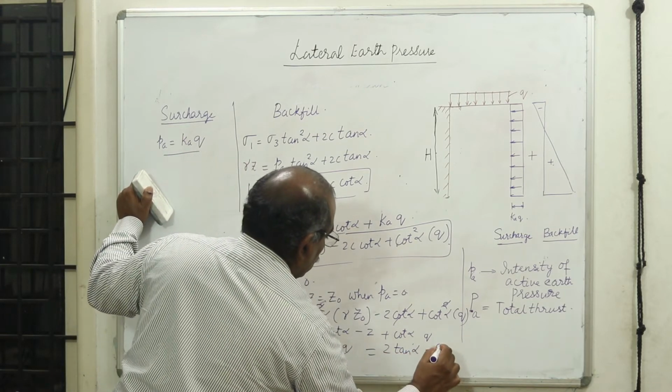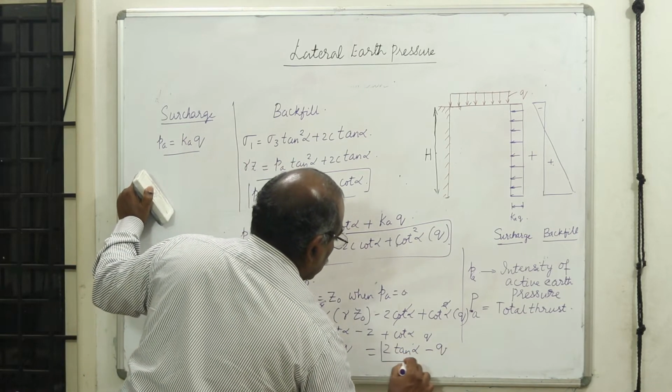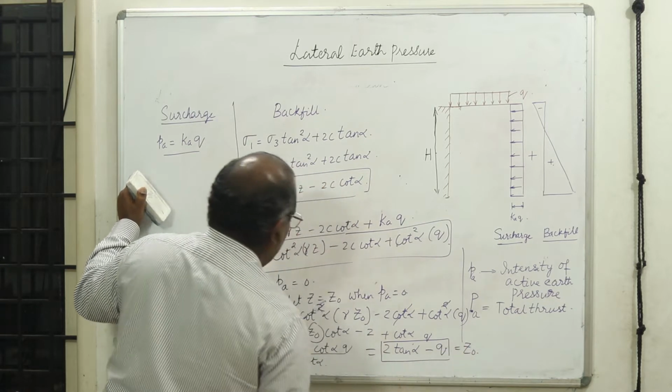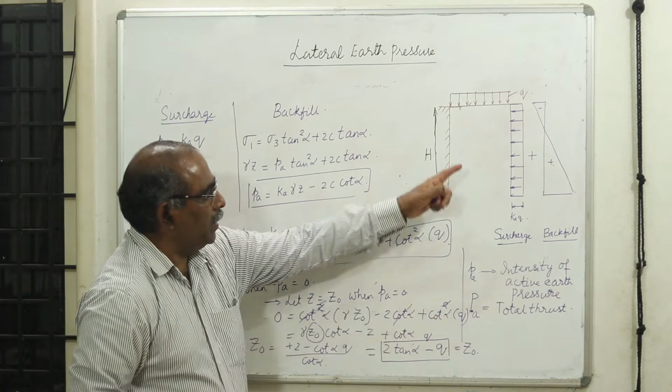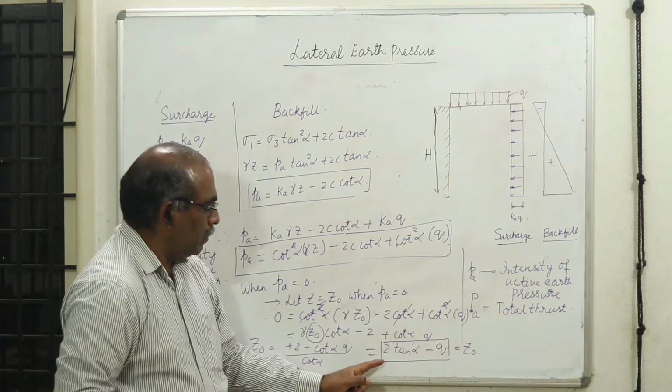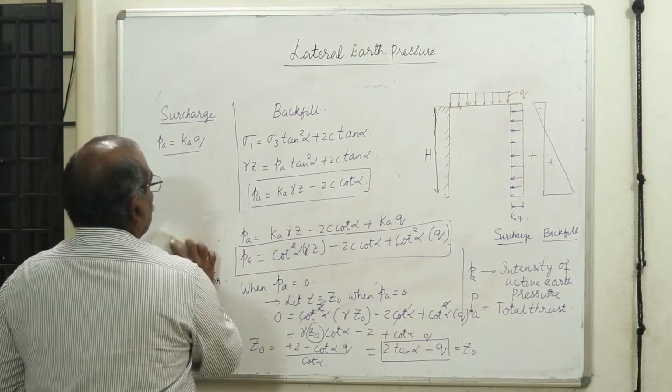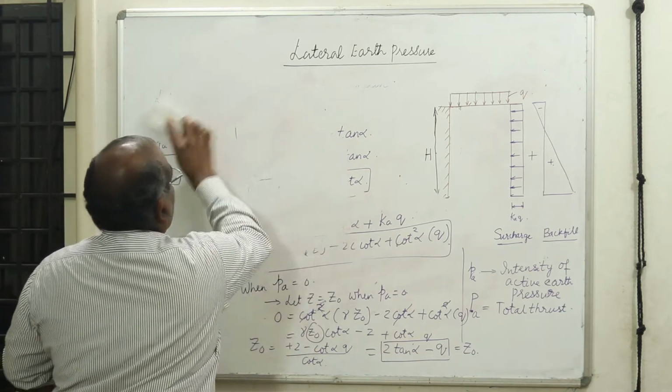Therefore, this is the expression for the depth Z0 from the ground level at which your pressure is going to become 0. It is going to cross the line. Okay, this is the first case.